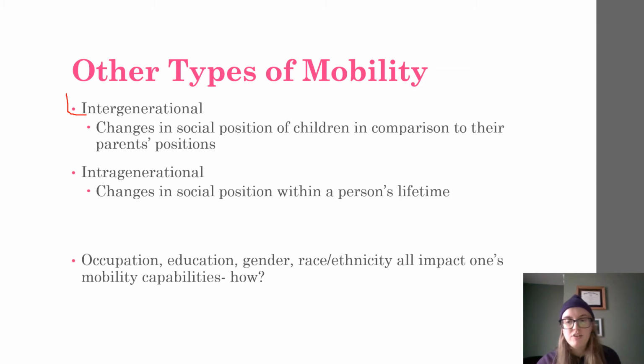Normally, however, children do stick in the same social position as their parents, in the same either social class or just social position in general. They typically do stay. And then we can also examine the different changes in social position in a person's lifetime. Right? And that's what's known as intragenerational, because it's you or a person.